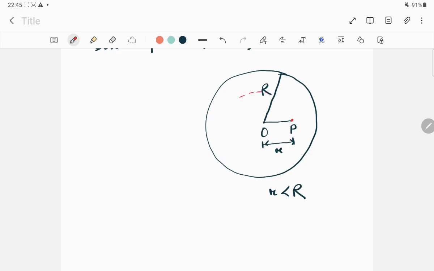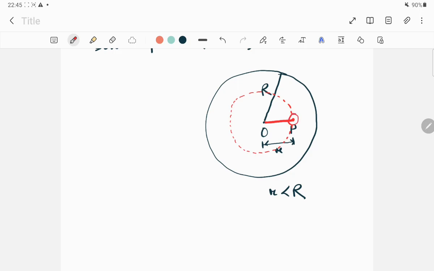Let us assume I am drawing one concentric sphere like this. You can see that this point P is on the surface of a sphere whose radius is smaller. So that is one case.